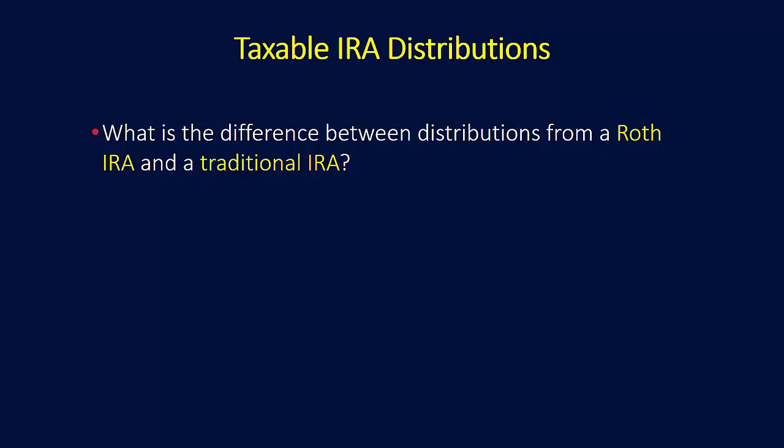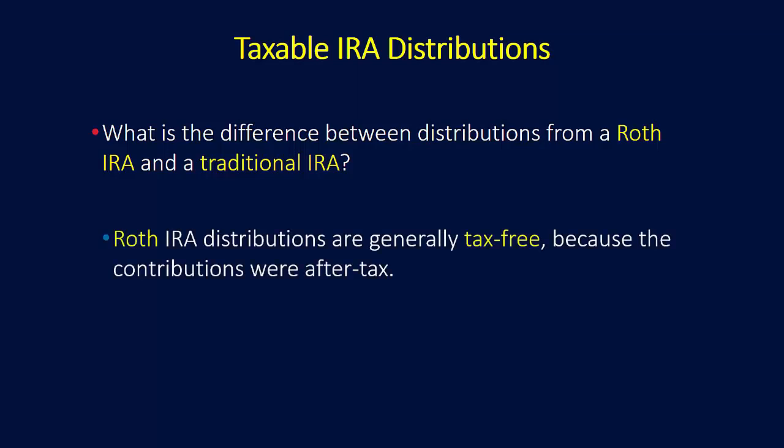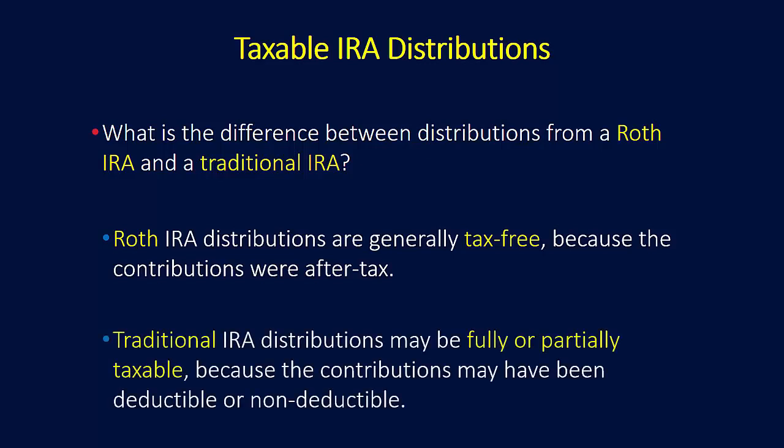So what's the difference between distributions from a Roth IRA and a traditional IRA? Well, Roth IRA distributions are generally tax-free because the contributions were made with after-tax dollars. Traditional IRA distributions may be fully or partially taxable because the contributions may have been deductible, or some of them may have been non-deductible at the time that the money was contributed to the plan.